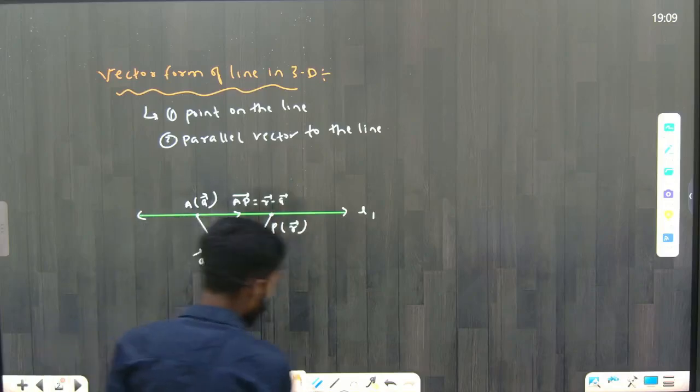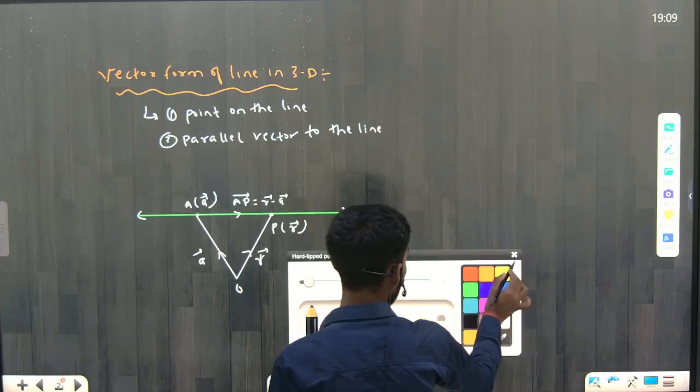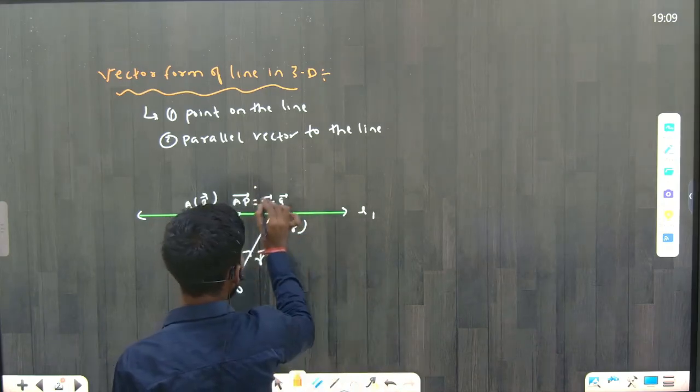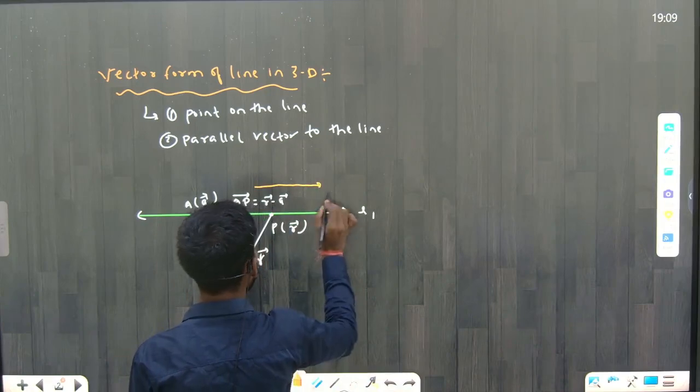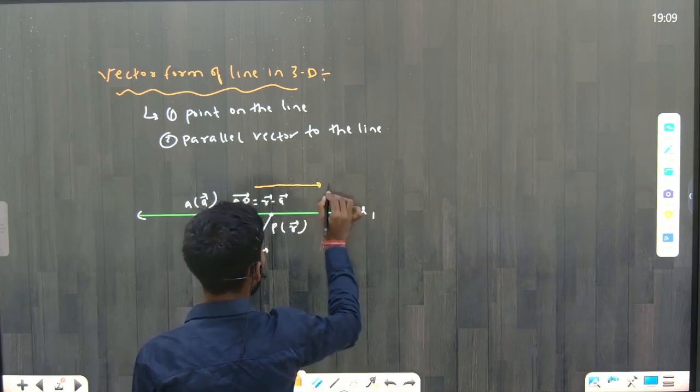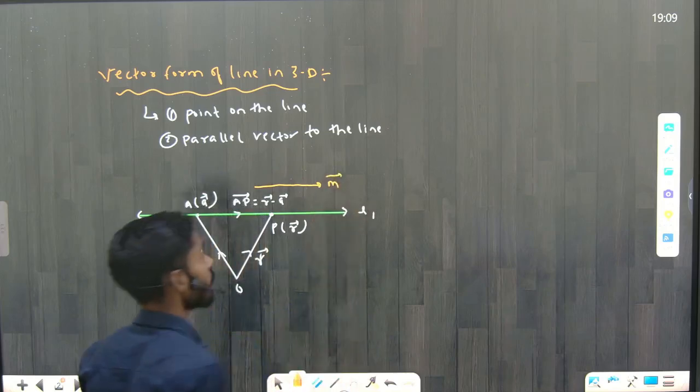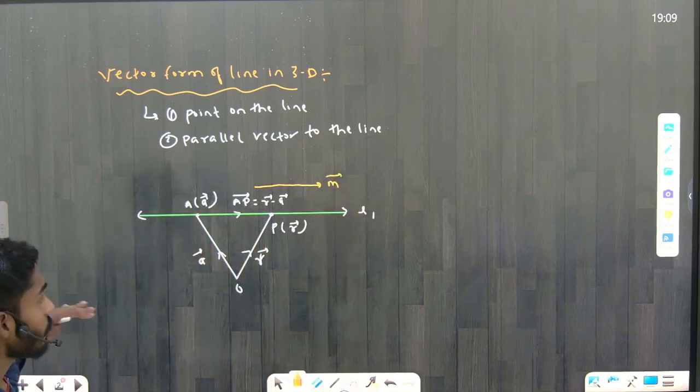And also here, let us assume a parallel vector to the line L1. Let us assume M vector is the parallel vector to the line L1.